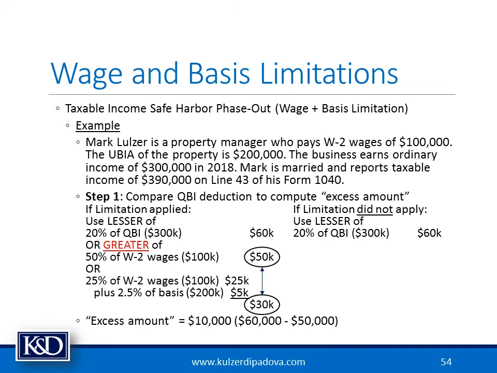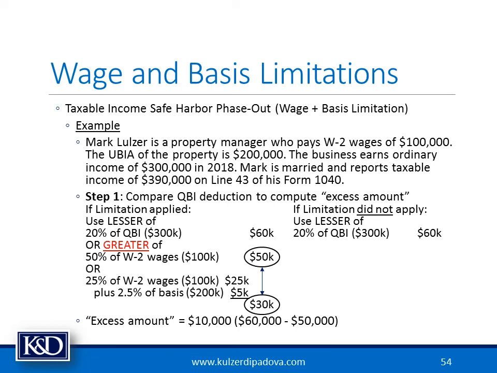Then you have to compare. If the limitations did apply, what would my deduction be? I'm going to start from the bottom and work my way up. If you look at the wage limitation, the business paid $100,000 of wages. 50% of that is $50,000. It also owned property, so we need to check that. But since the property was only worth $200,000, you're only going to generate $5,000 of basis. When you add that to 25% of the wages, you get $30,000.